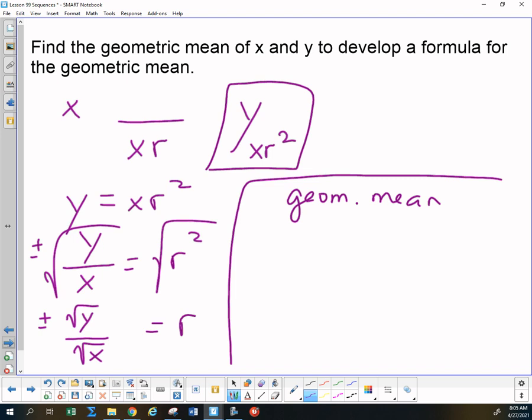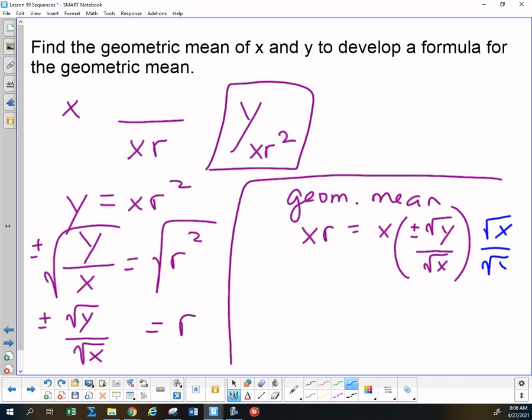So now let's go back and figure out, if we want a geometric mean, just one of them in there between the first and the last, so now we're looking for that middle term. It needs to be x times r. So that means we need to take the first term times the plus or minus square root of y over the square root of x. So now, if I rationalize that denominator, multiply by root x over root x, I get a regular x that cancels with this x that I had over here.